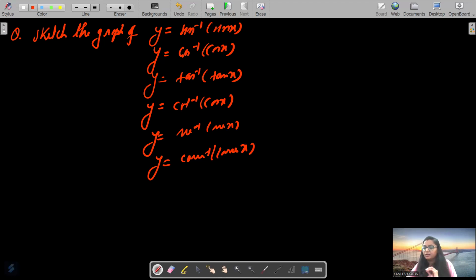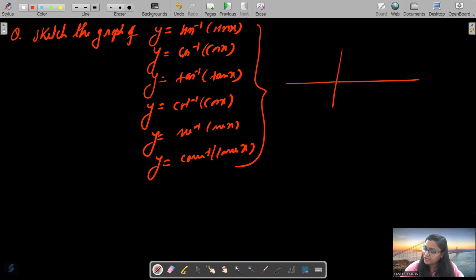Okay, and all these inverse trigonometry functions, we know that these are periodic functions. What is a periodic function? It means if we draw the graph, when the graph is repeated at a fixed interval, that is called a periodic function. Suppose we have a graph like this, and suppose this is the point 2 pi.